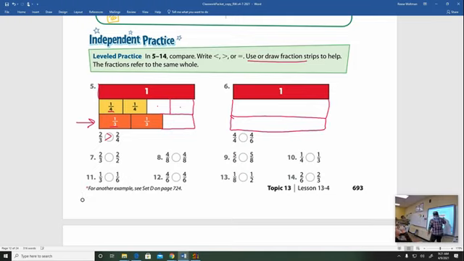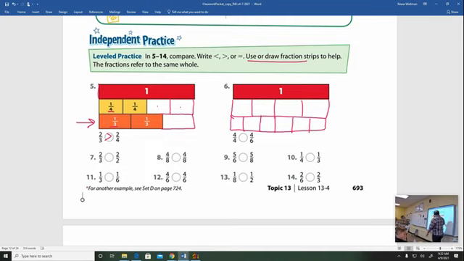So I drew them out to be the same length as this, because we were looking for one whole, right? In this case, one of them has 4 parts, and that's our 4/4, and the other one has 6. Okay?